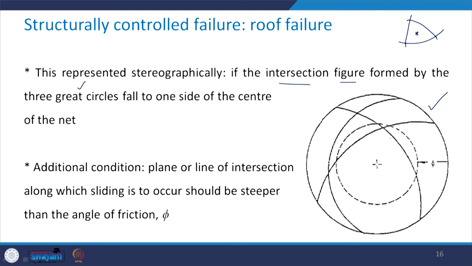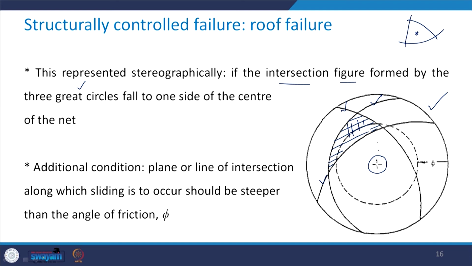But in this case, you see these are the three great circles, first, second and third, and this is the intersection of these three great circles, and you see the circle center is lying here, which is not inside this intersection part, it is outside.